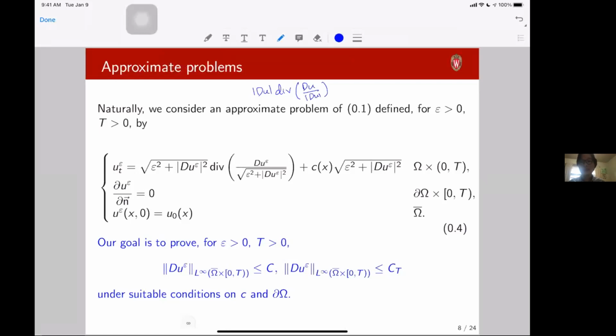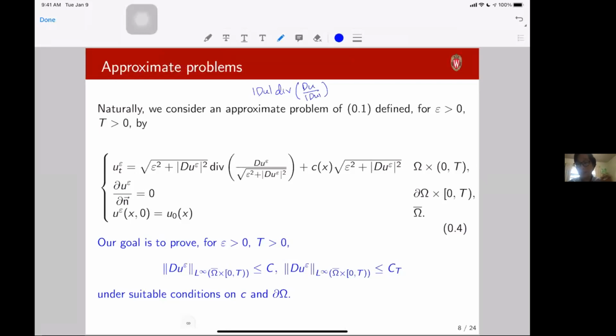So it's a very natural way, as with approximations of singular or degenerate problems, that we often try to make it nicer. And here we are just doing it in a classical way. We try to approximate the equation by something that is nicer.